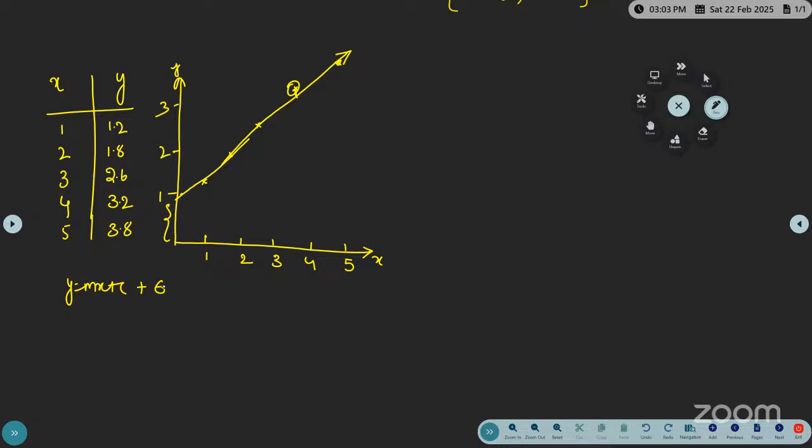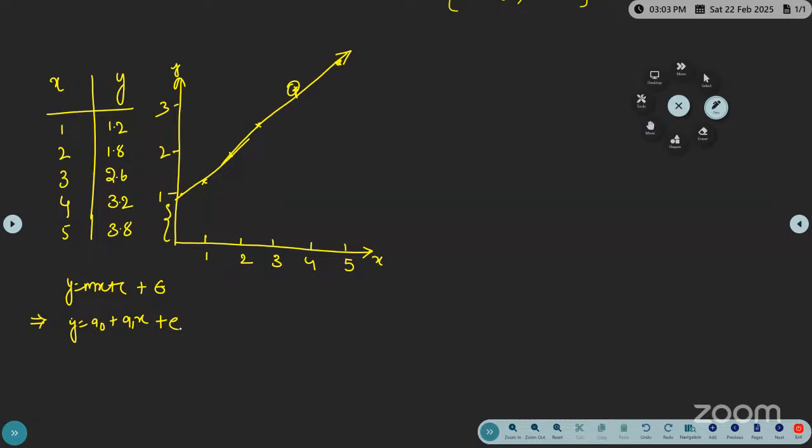In general, this is the slope intercept form, but when it comes to statistics and probability, we'll not use this nomenclature. We'll be using a naught plus a1x plus e, which is the error component. For now, we'll forget about the error component.